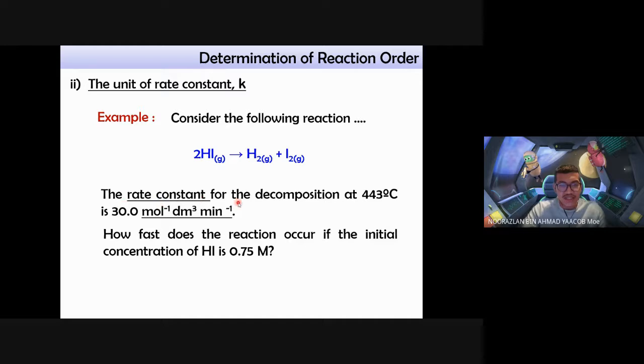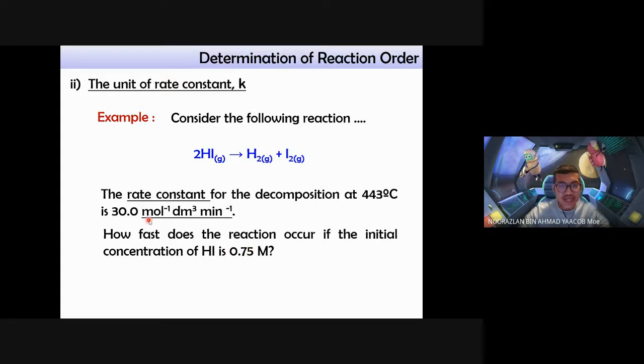The rate constant for the decomposition at 443 is 30 per molar decimeter cube per minute. Okay, dia boleh per second, per year, per minute, semua sama saja. How fast does the reaction occur if the initial concentration of HI is 0.75 molar? Okay, so sekarang ni kita nak kena cari dia punya rate kalau dia punya initial concentration adalah 0.75.